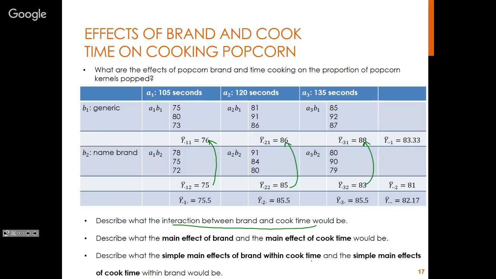And likewise, we could see here within generic, we increase and we increase, but here we increase and then we decrease, which indicates to us that there is an interaction because we don't see that same trend throughout the whole thing.